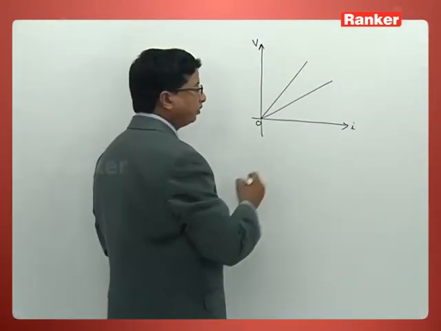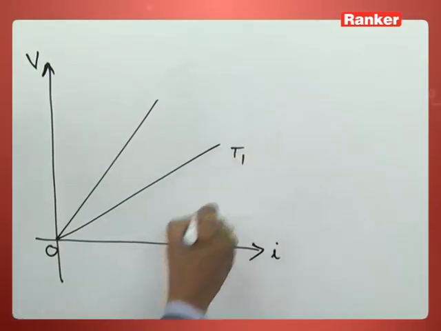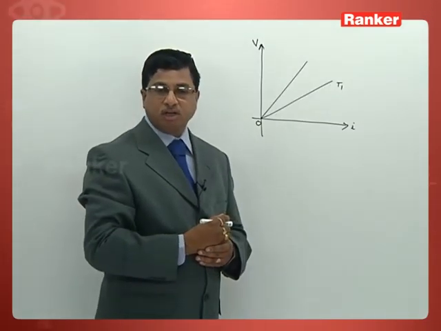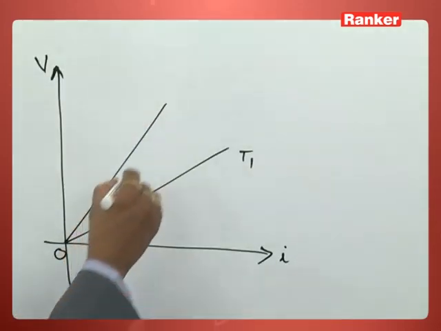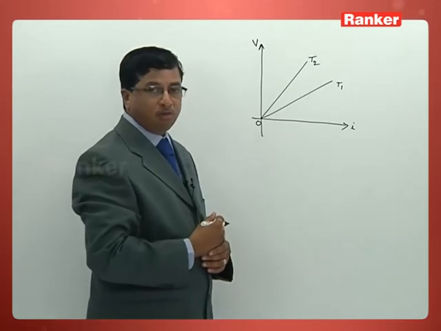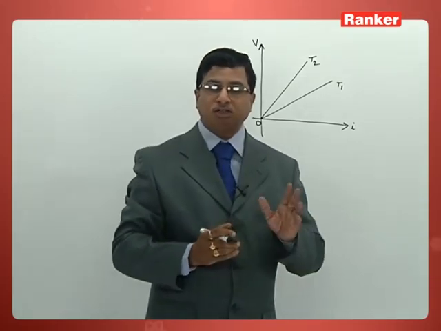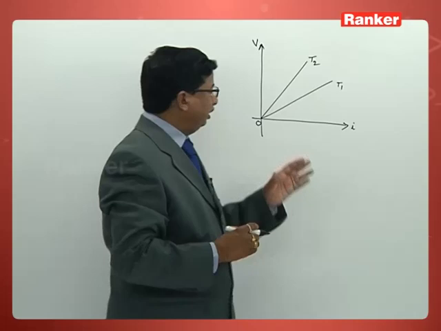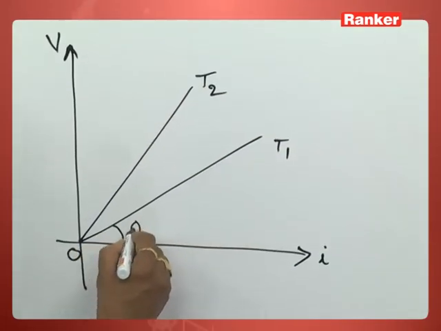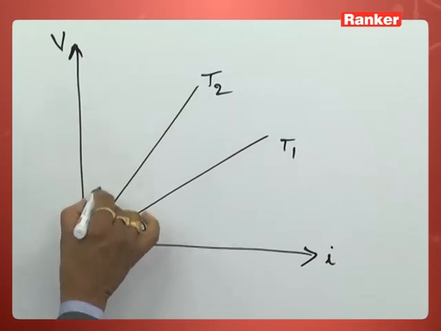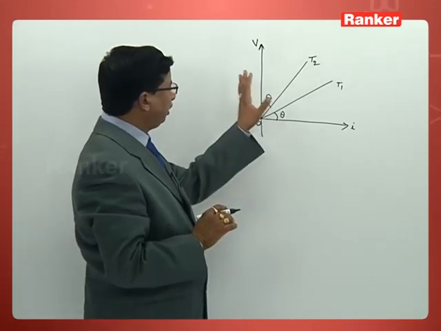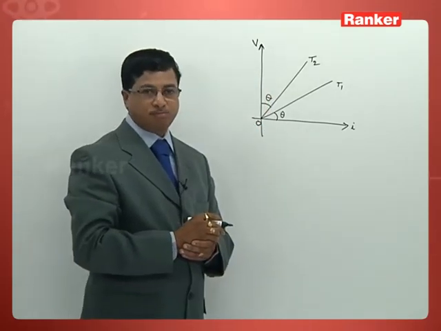This one he has mentioned is the graph when the temperature is T1. This one is the graph when the temperature of the surroundings is T2. And he has mentioned this angle as theta and this angle also as theta. This is the graph that has been provided to us.